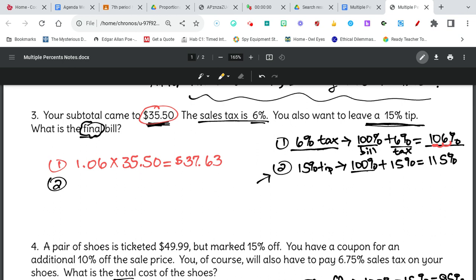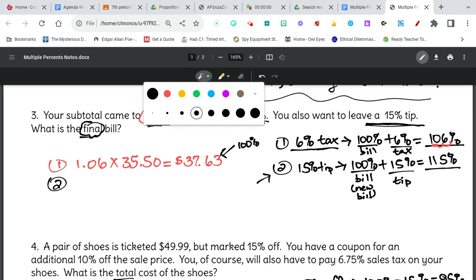So I'm going to pay 100% of the bill, and this would be the new bill. So I'm going to pay 100% of this. But I also want to leave a 15% tip, which means I'm going to be paying 115% in all.